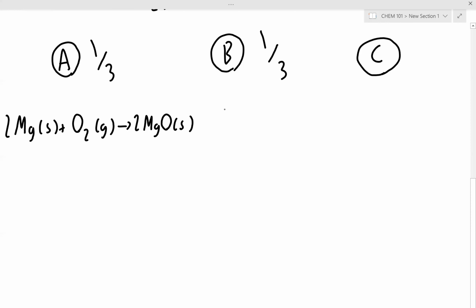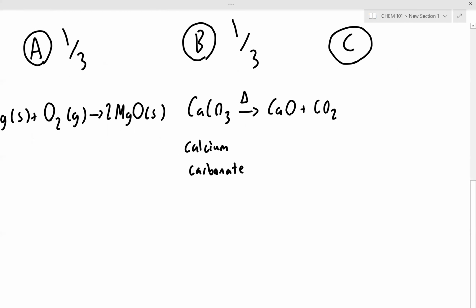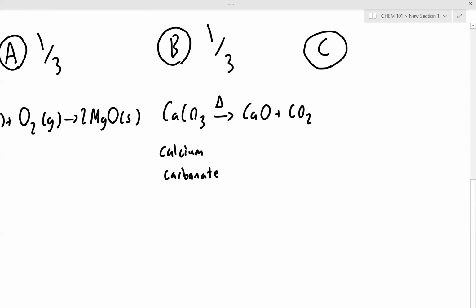It's calcium carbonate, CaCO3. This is tentative, so don't take any of the formulas I write as the exact empirical formula or the exact molecular formula, but we are decomposing calcium carbonate. Upon heating, calcium carbonate will decompose to yield calcium oxide and carbon dioxide, okay? And you have to handle this reaction a little bit differently if you want to figure out the empirical formula, okay? Finally, in case C, what reaction are we looking at?